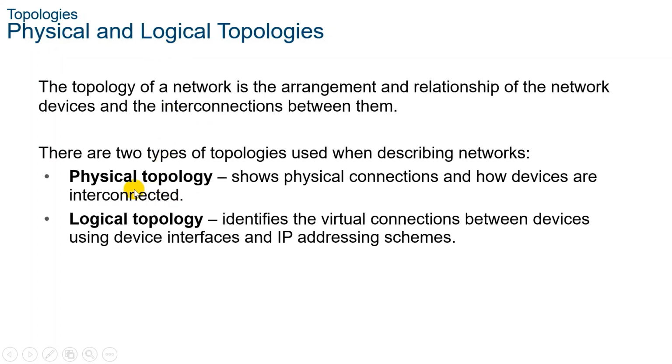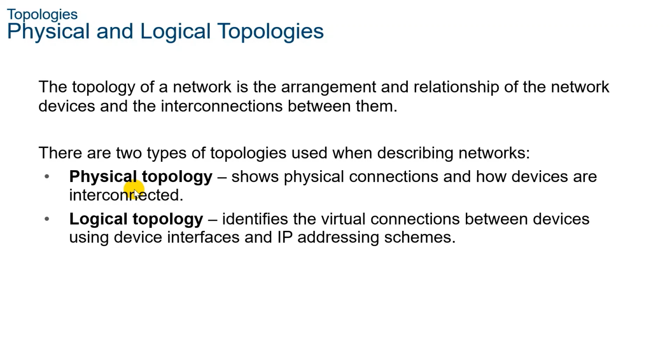When you say physical topology, it identifies the physical connections and how end devices and intermediary devices, for example routers, switches, and wireless access points, are interconnected. The topology may also include specific device locations such as room number and location on the equipment rack. Physical topologies are usually point-to-point or star topology.